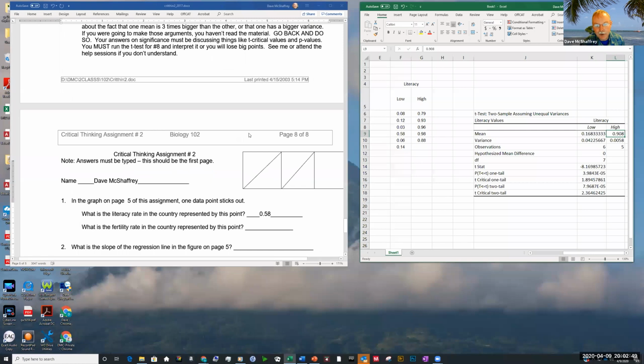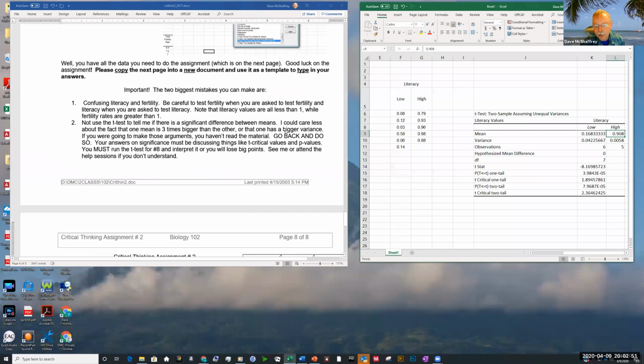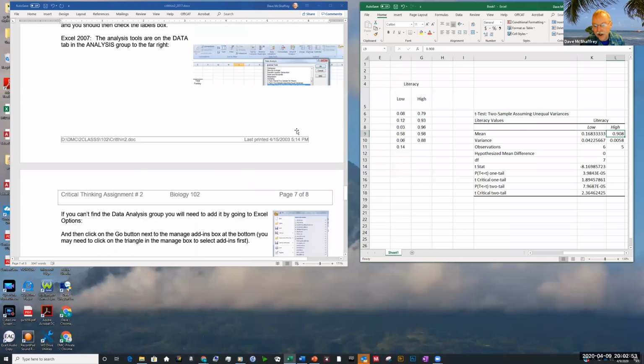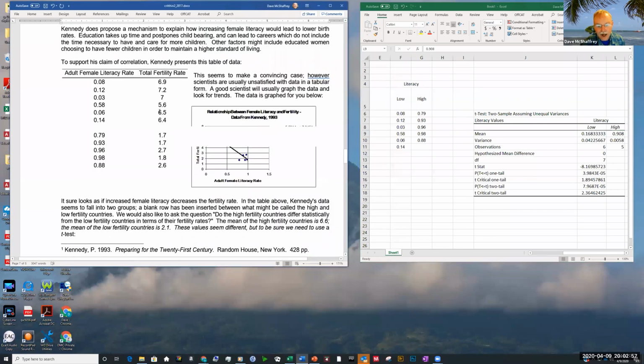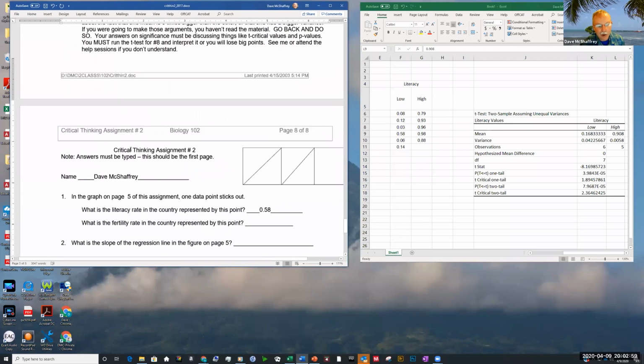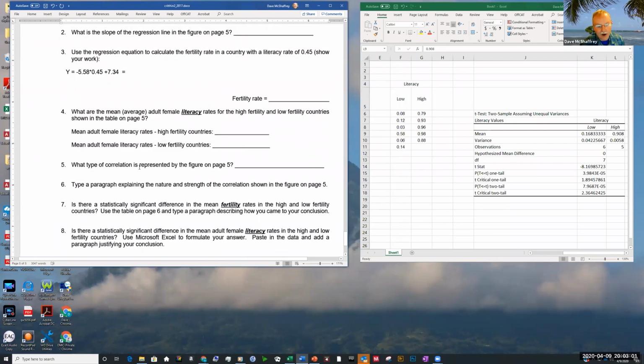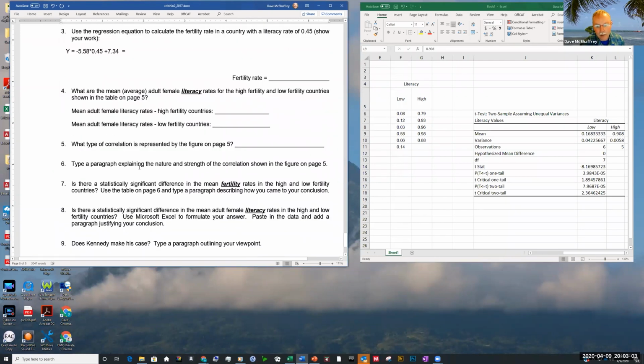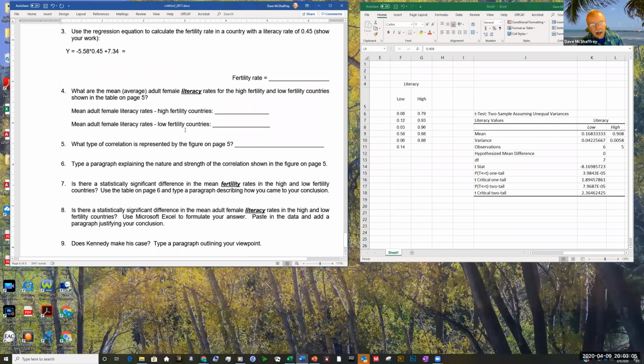You've got numbers here. So tell me how steep is the slope. Tell me how good a fit the line is to the data. Talk about the R-square value, okay? So that's a paragraph. It doesn't have to be a super long paragraph, but explain what's going on there, okay?